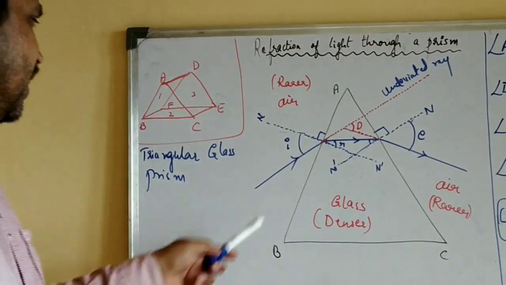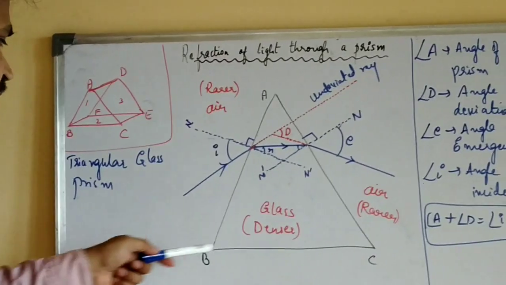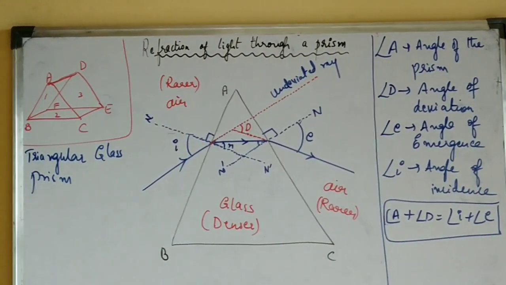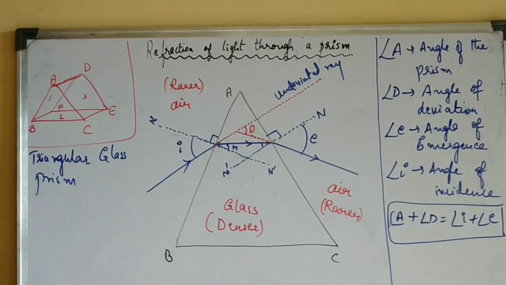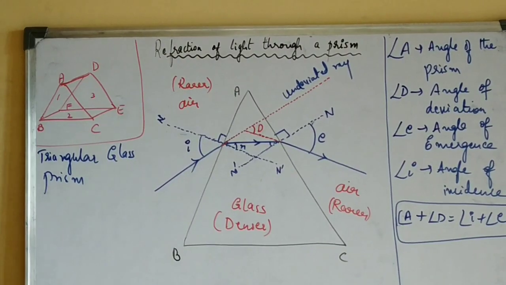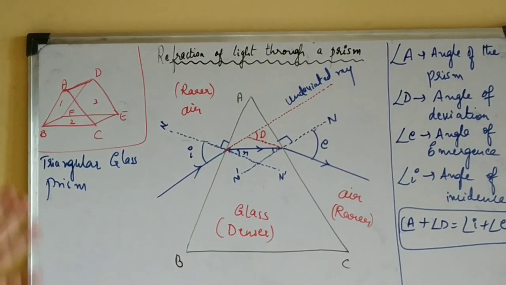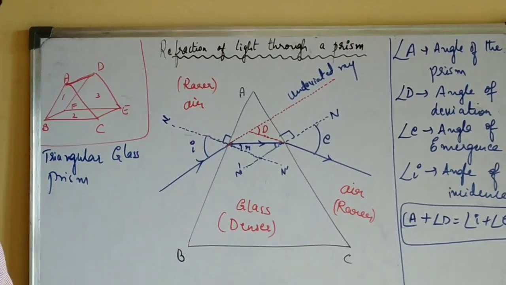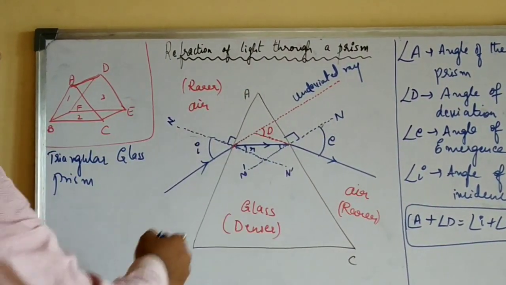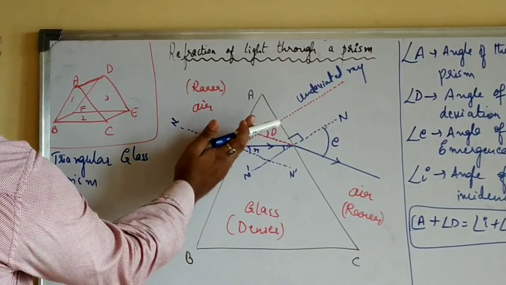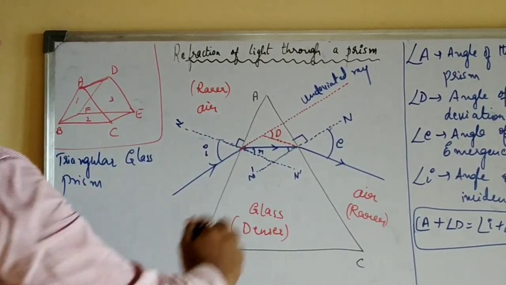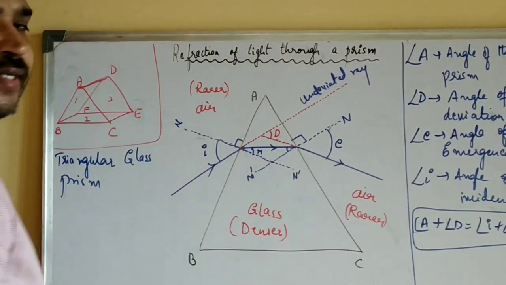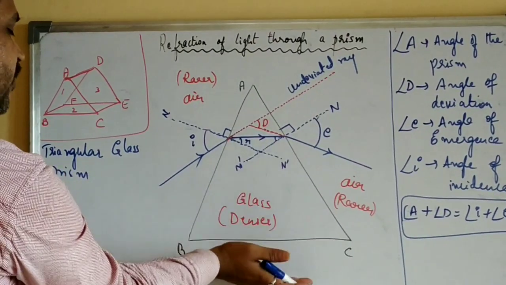Now here we can see it is resting on one of the triangular bases, which I have named A, B, C. If this is the triangular base, you will find one rectangular lateral surface here, one more rectangular lateral surface to the right side, and one more at the base.